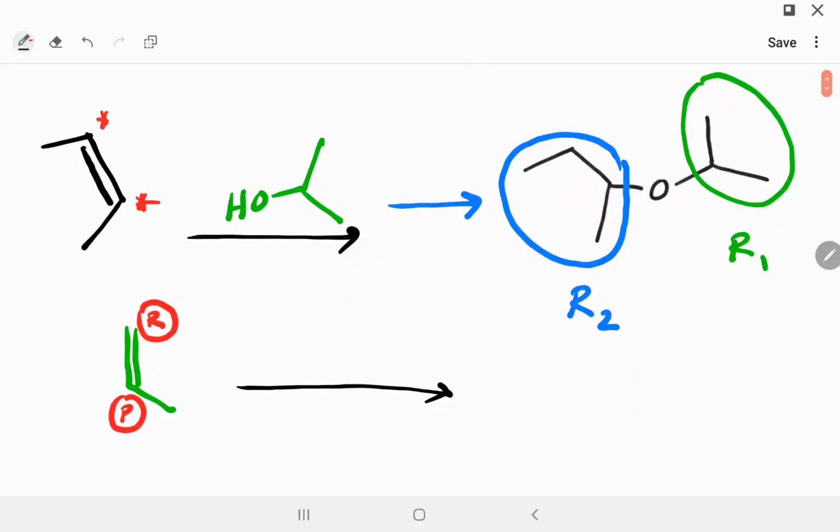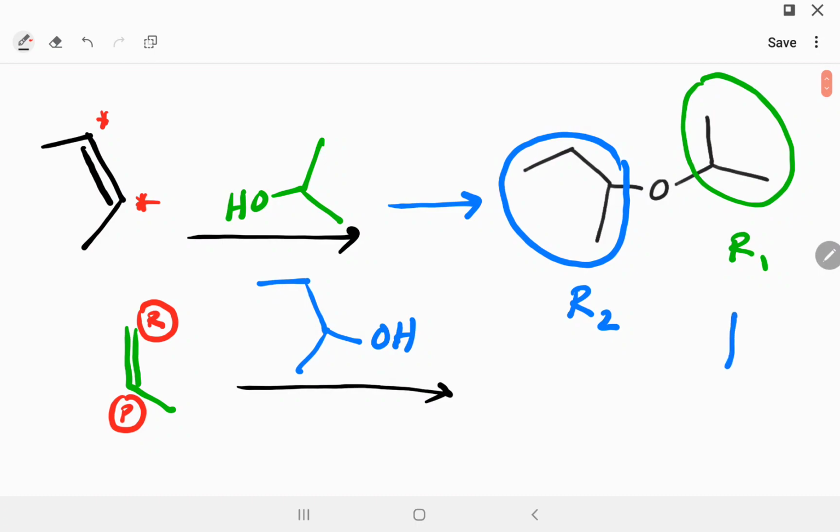So the alcohol should provide the other R group, right? So I need this whole thing and the OH. This is the alcohol I need. And the hydrogen will go to the rich carbon, so that will be a CH3.